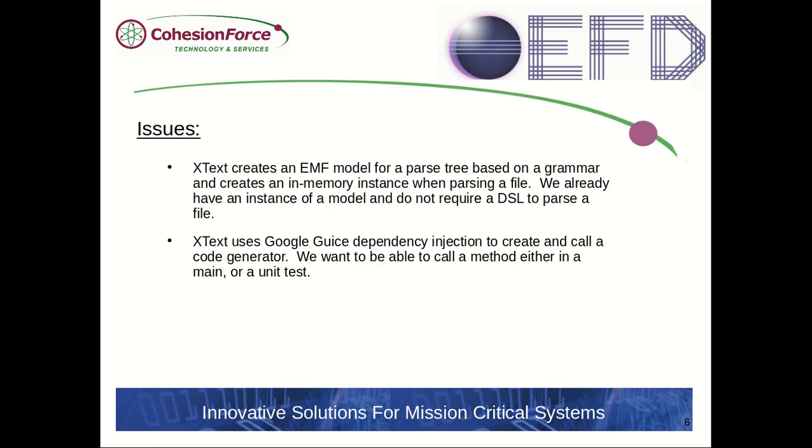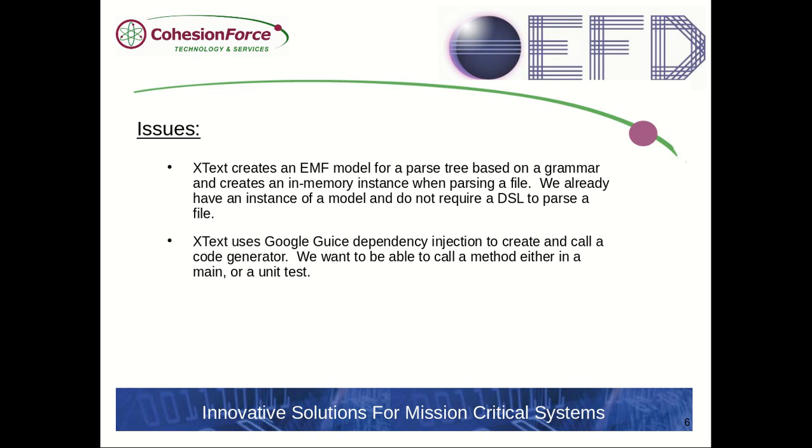So some of the issues we ran into: the way that Xtext works, it takes your grammar and it generates an EMF model behind the scenes. It parses that file of source into an in-memory instance of that model, and then it does stuff on the model. After it's got it in memory, that lets it make decisions on pieces of data.